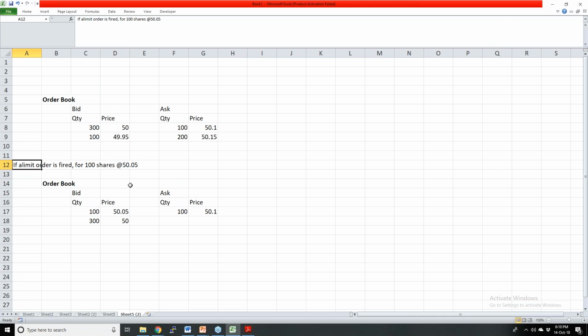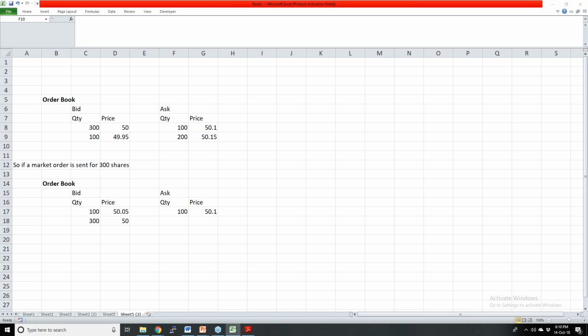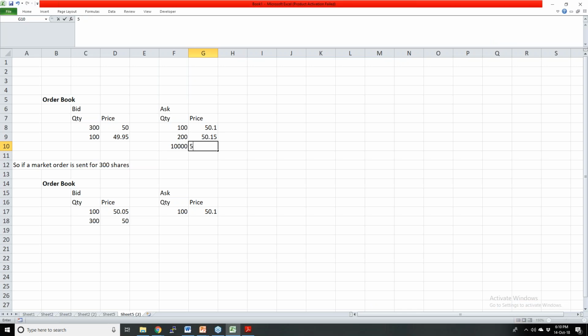So if a market order is sent for say 300 shares, then this is what will happen. So you have 50.2, your order book will look something like this.